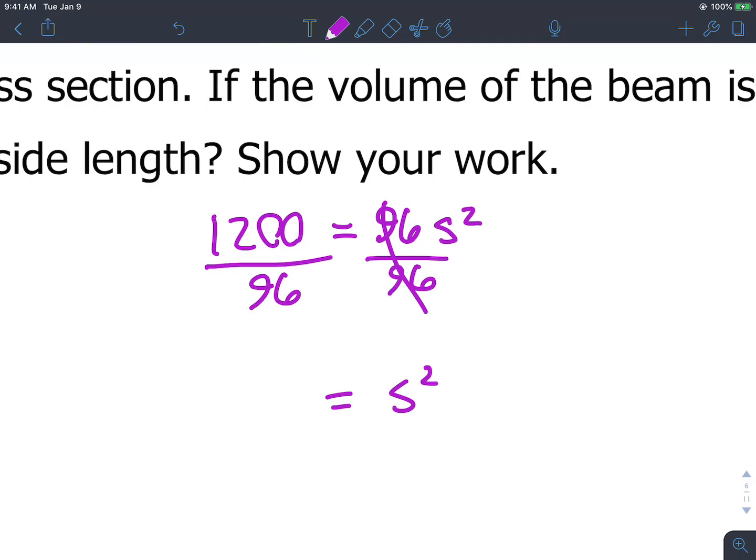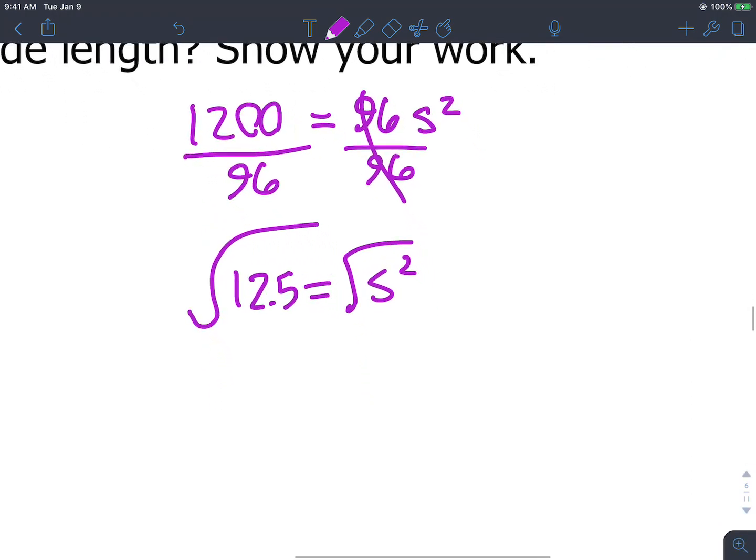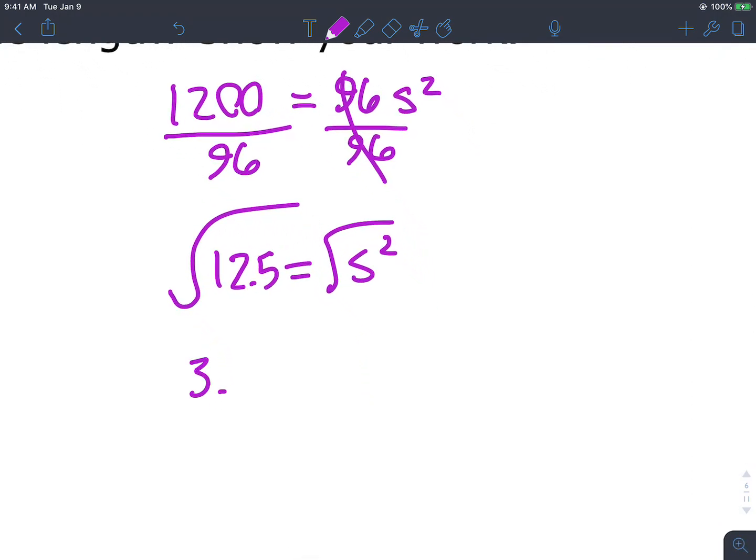So 1,200 divided by 96 comes out to 12.5. And then I guess we'll square root both sides. So if you square root 12.5, it comes out to 3.535 or 536, I guess.